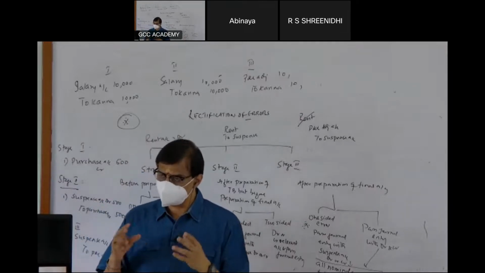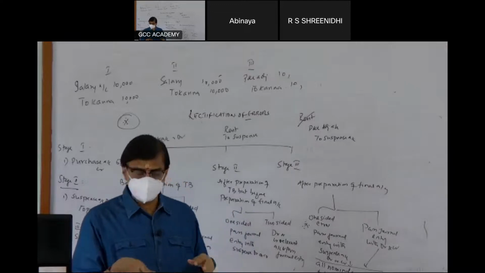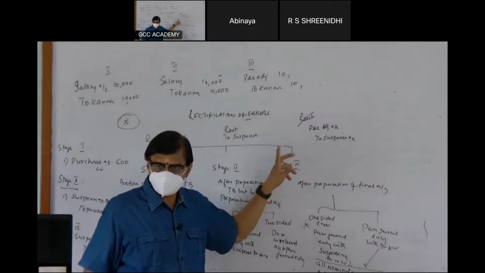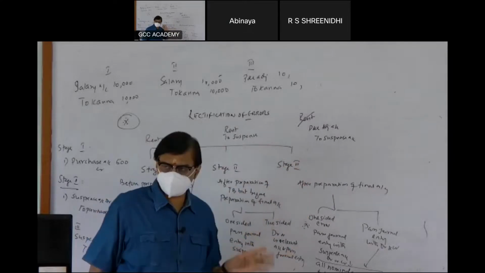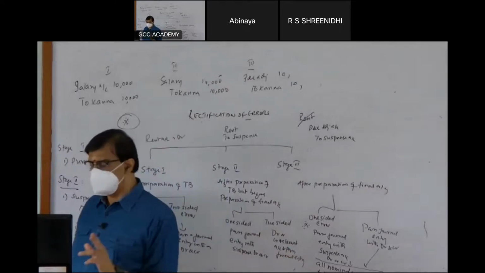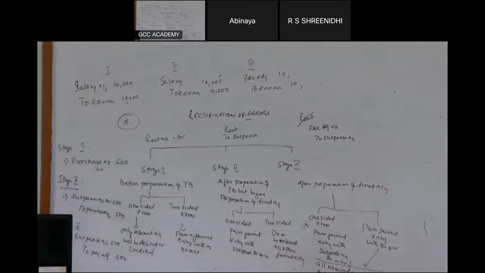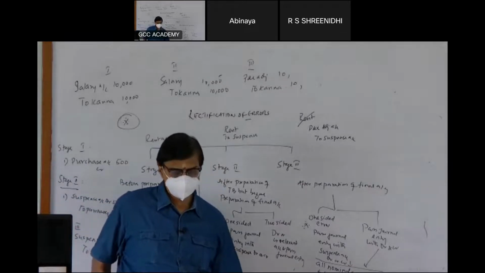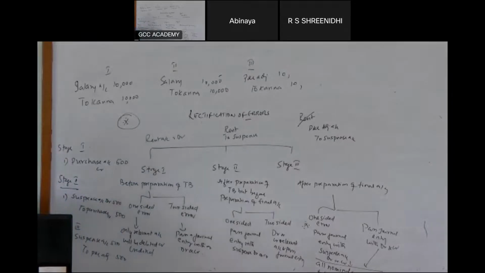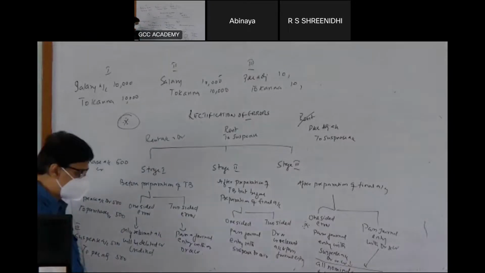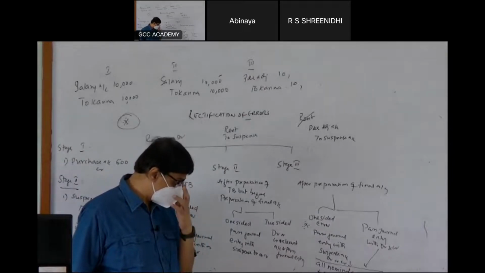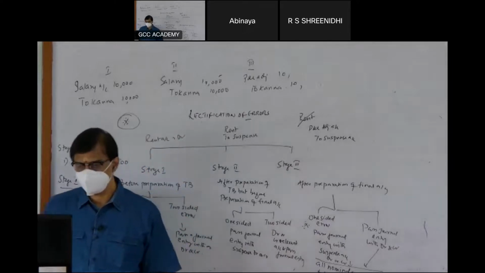But in the exam, the stage won't be given. Sometimes they specifically say the trial balance is already completed and final accounts have been done. Then automatically it is a particular stage. If the question is specific, then you should apply the relevant stage. Otherwise, you should always assume stage 2. So make a note, always assume stage 2 while rectifying errors unless the question specifies. Okay? Yeah?